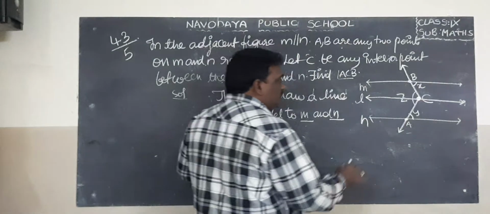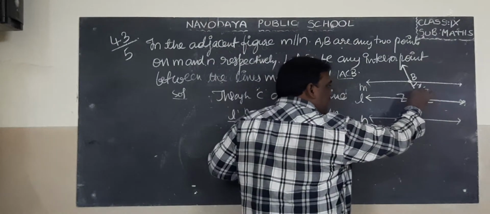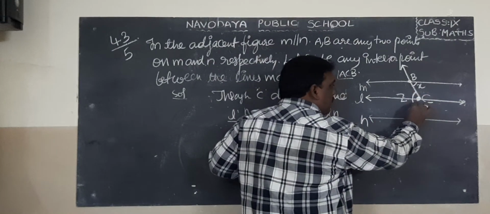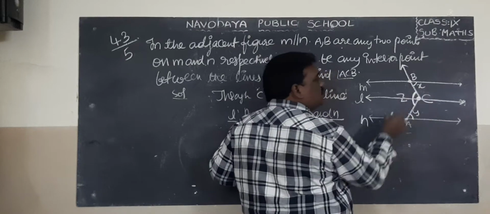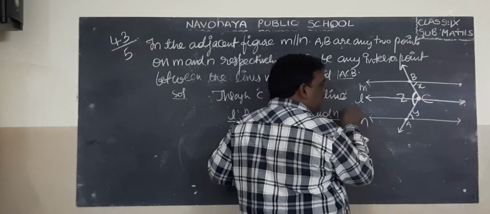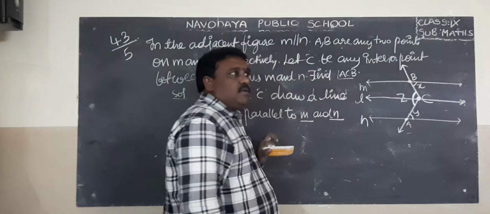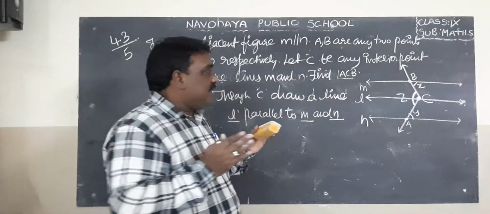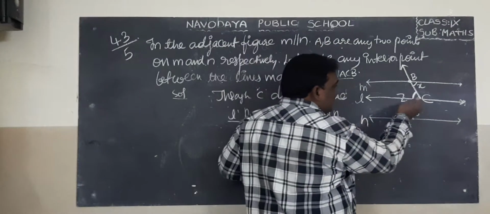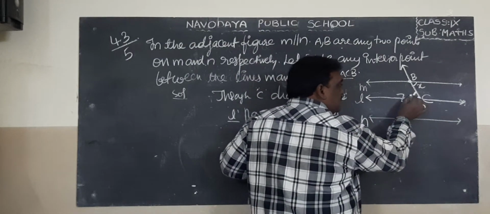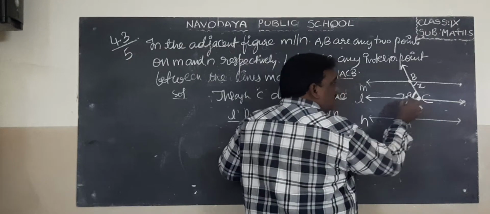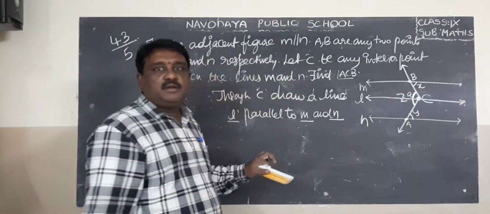Now see the angle at point C. Because of the line L, the angle at C is divided into two parts. Let the first part, top part, be small a.